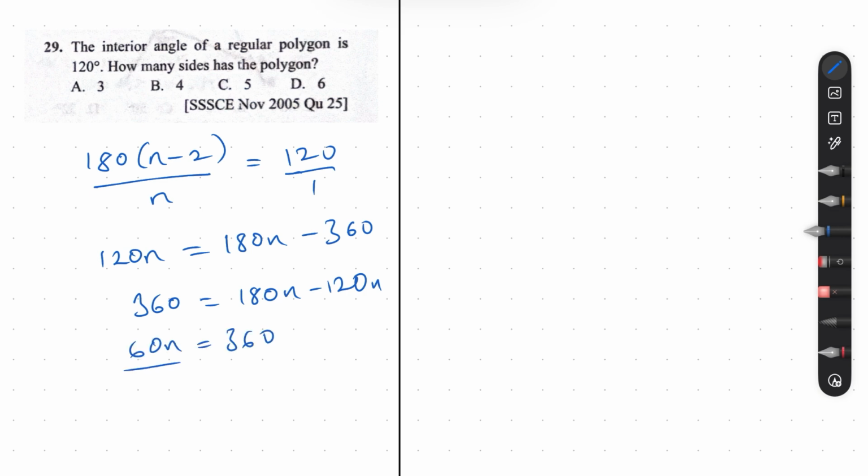If we divide by 60, we cancel out. What is left? n is equal to 6. That is the number of sides of the polygon.